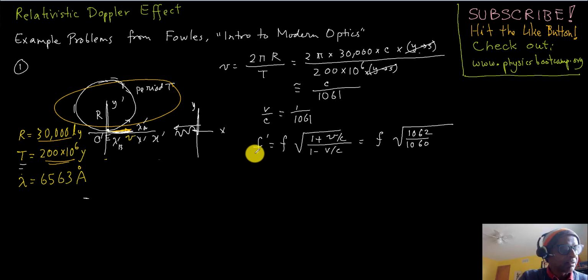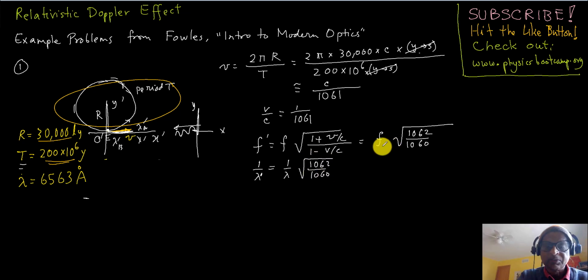You can do this, or you can do it with lambda. So 1 over lambda prime is 1 over lambda times the square root of that. From there, using lambda equals that, lambda prime turns out to be 6.557 angstrom.